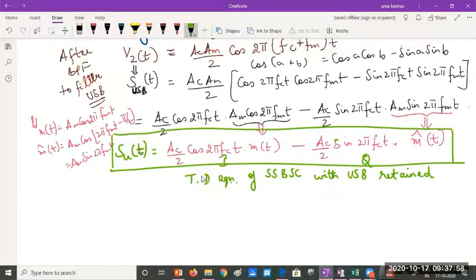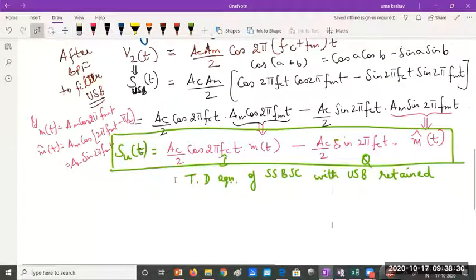I told you the two signals which are in 90-degree phase shift with each other are said to be in phase quadrature, right? So you have the sine and cosine as signals in phase quadrature. So this is the in-phase component, this is the quadrature phase component, and the actual message is multiplied with in-phase carrier, whereas the 90-degree phase shifted version, the Hilbert transform of the message, is multiplied with quadrature carrier.